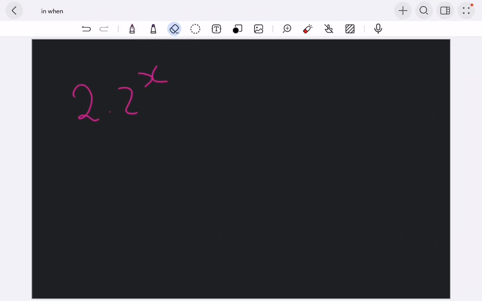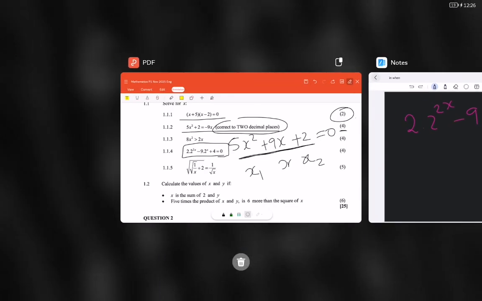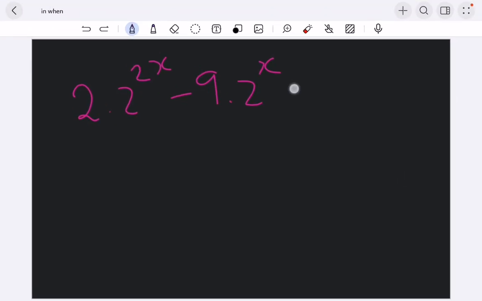Okay, so here I have some mistake. I have 2 times 2^x minus 9 times 2^x, and then here I also have plus 4 is equal to 0.